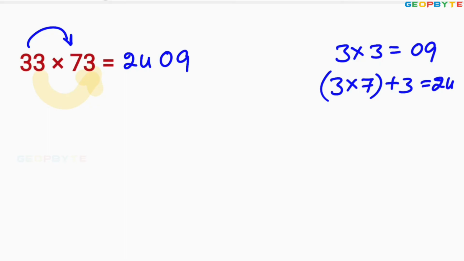Similarly, let us move to the another multiplication number. Look at the number. The ones place digit remains same. Sum of the tens place digits is 10. Then multiply 4 and 4. Ones place digits 4 into 4 equal to 16. You put that 16 here.